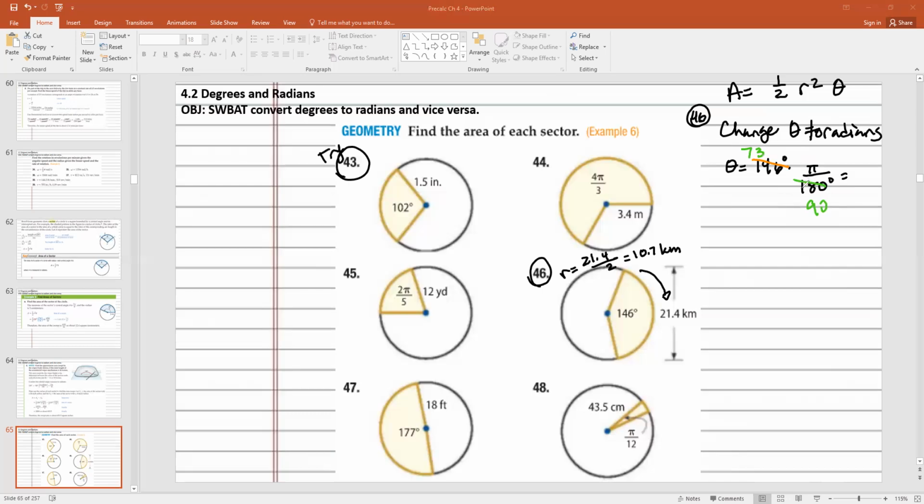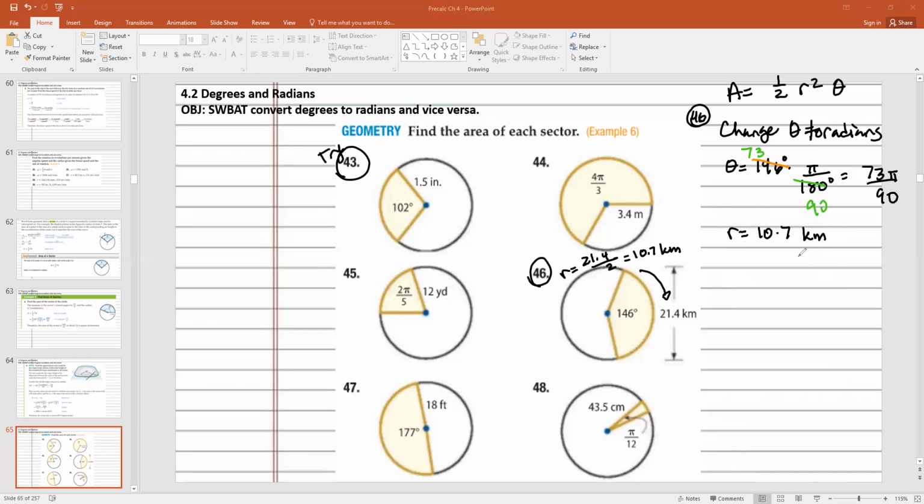And that's good enough. So here we have 73 pi over 90. If you want to leave it as 146 pi over 180, that's fine also. That's theta. And our radius is 10.7.